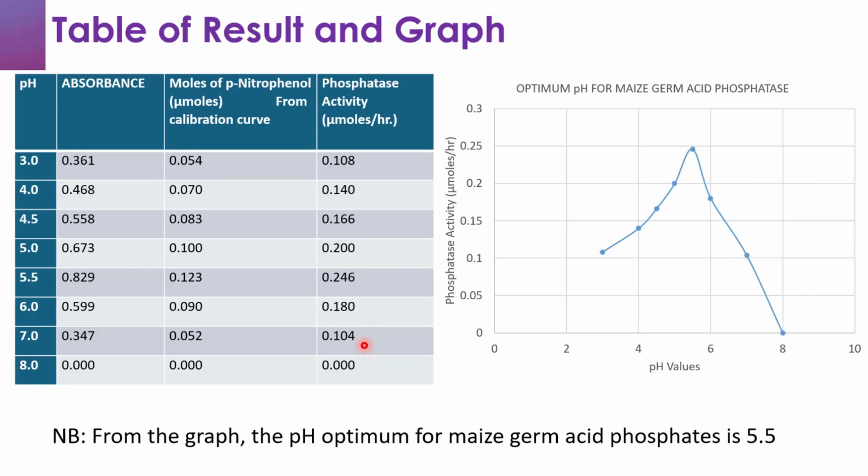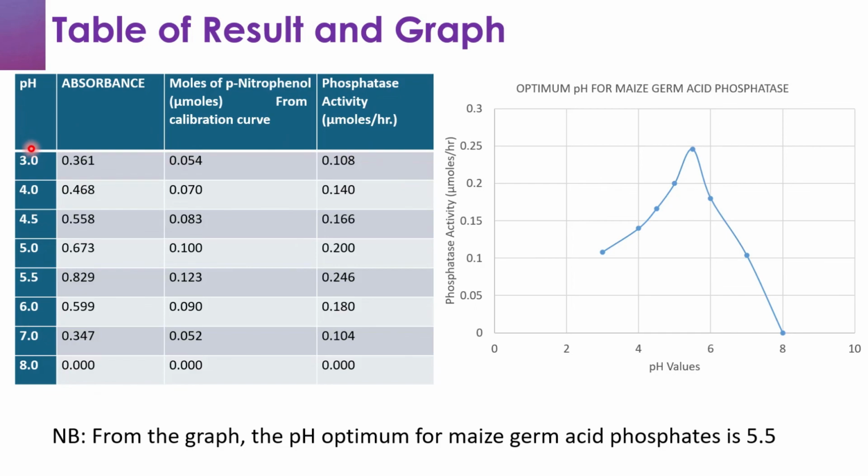Obviously at pH 8.0, there will be no moles of p-nitrophenol hydrolyzed because we used it as a blank against the rest of the test tubes. We then plot the optimum pH for our maize germ acid phosphatase. To do this, we plot our phosphatase activity, or the enzyme activity, in micromoles per hour against the pH.